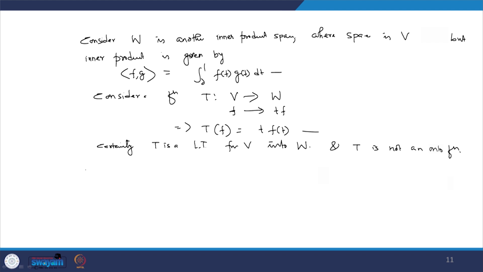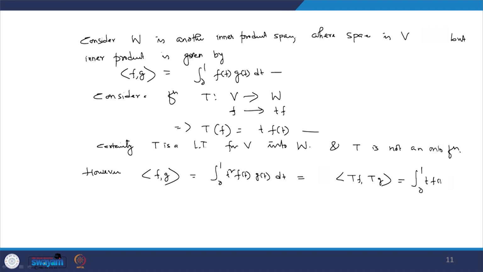But let us see, however, the inner product of f and g in V is equal to the integral from 0 to 1 of t squared f(t) g(t) dt, which is also equal to the inner product of Tf and Tg, because over W this will be equal to the inner product, the integral from 0 to 1 of t f(t) and t g(t) dt.